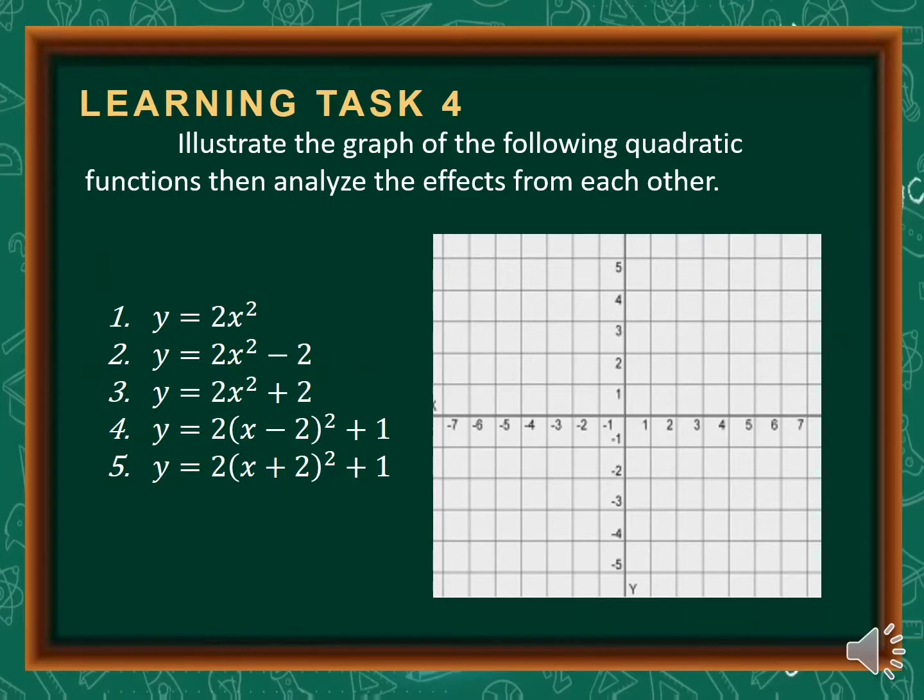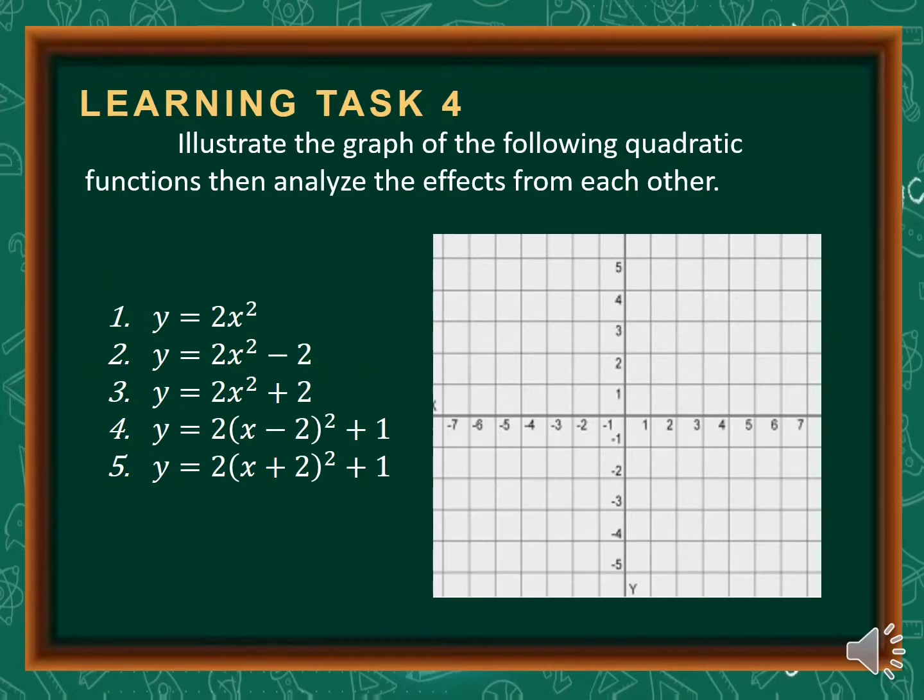For number 1, we have quadratic function y is equal to 2x squared. Number 2, we have y is equal to 2x squared minus 2. For number 3, we have y is equal to 2x squared plus 2. And fourth, we have y is equal to 2 times x minus 2 quantity squared plus 1. And then we have y is equal to 2 times x plus 2 quantity squared plus 1.